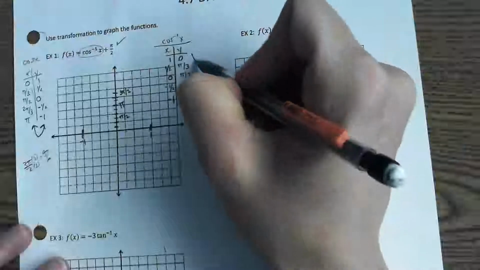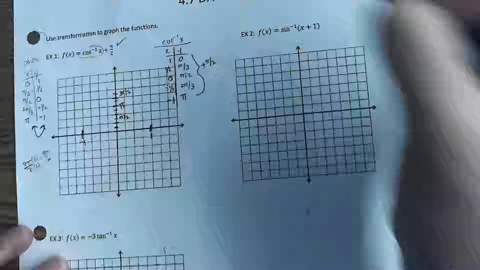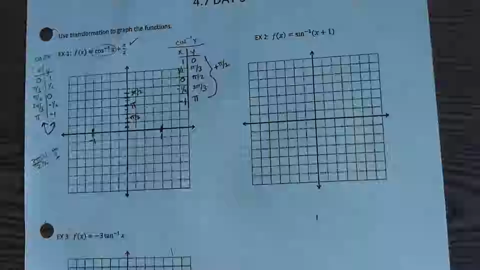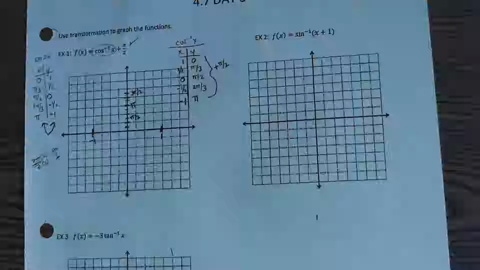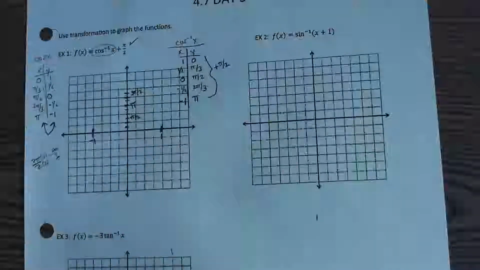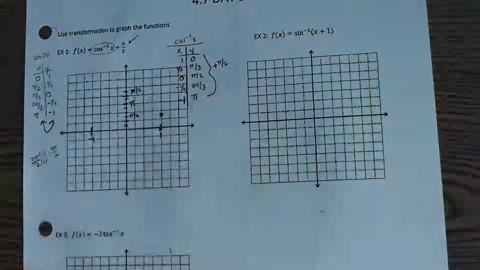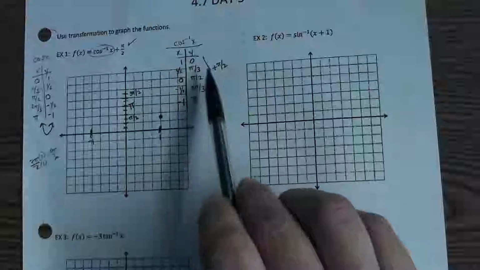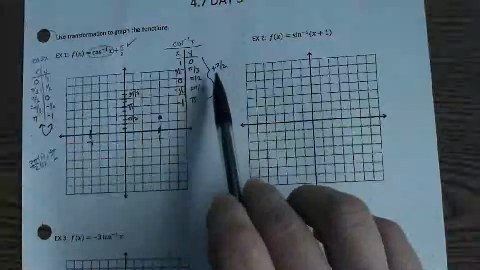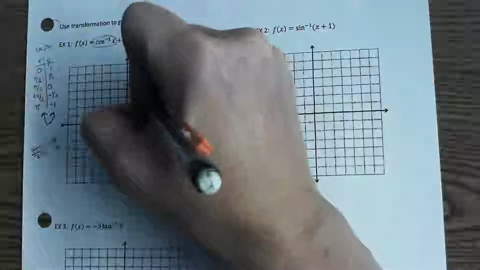And then because of the shift up pi over 2, I'm going to add pi over 2 on to all of those y coordinates. So 1 will map to pi over 2. Pi over 3 plus pi over 2. That's 2 pi over 6 plus 3 pi over 6, so that will map to 5 pi over 6. So 1 half and 5 pi over 6.